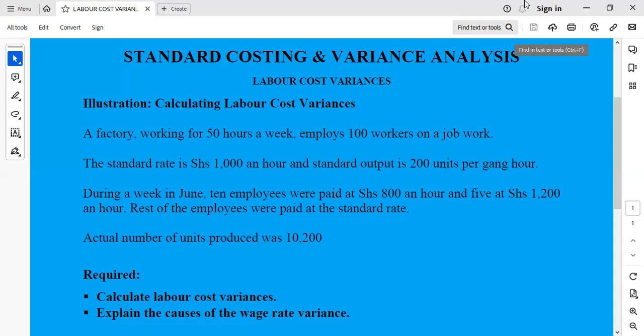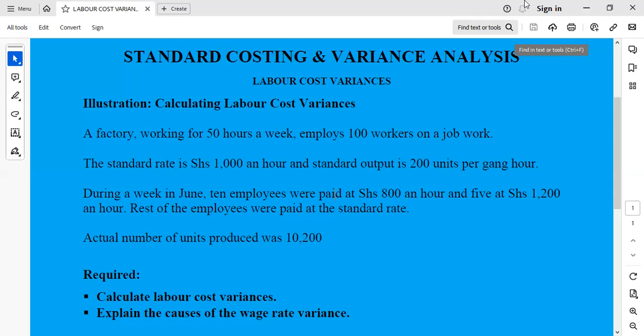In this video, I'll explain how to calculate the labor cost variance and its subdivisions. We have a simple illustration here where a factory working for 50 hours a week employs 100 workers on a job work.